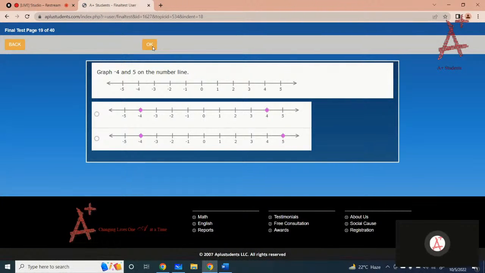Okay, graph negative 4 and 5 on the number line. So which option is the correct one? First one or the second one? Yes, it is the second one. Got it.